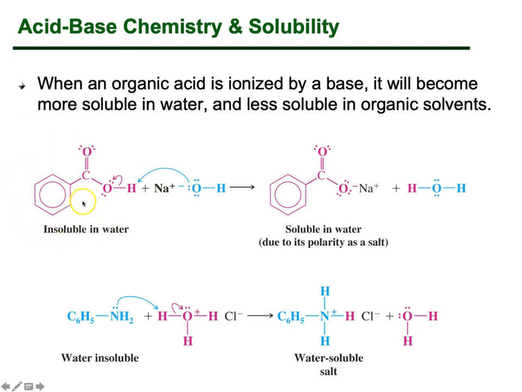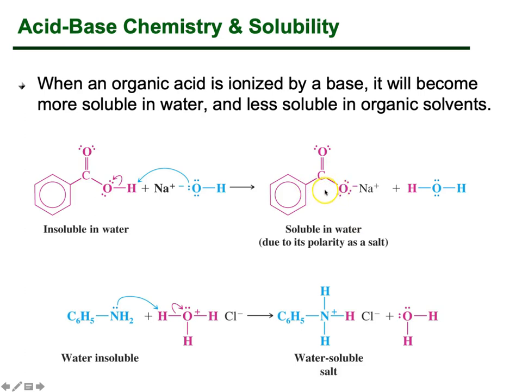Now, you can dissolve just a little bit of it, but it's such a small amount that it's almost negligible. However, if you deprotonate it using, say, a base like sodium hydroxide, now you have the benzoate ion with sodium as its counter ion, and this is much more soluble in water.